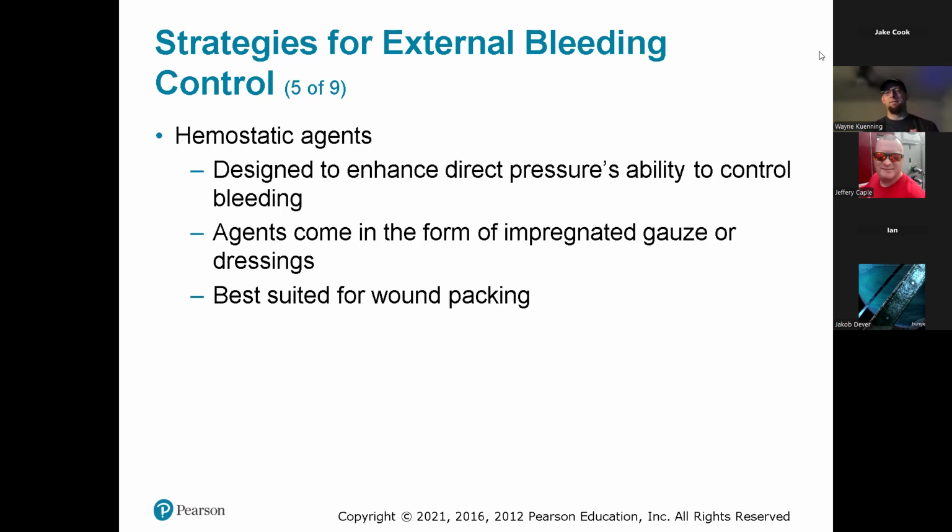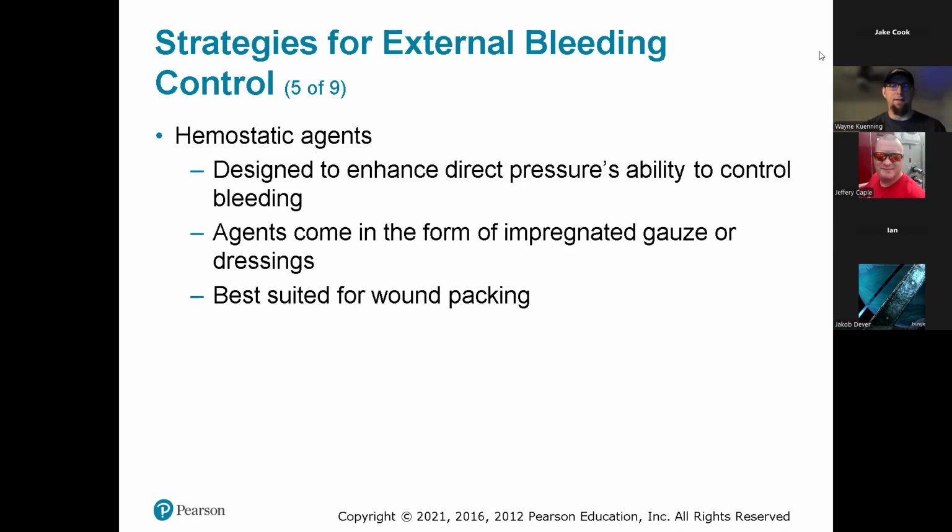Hemostatic agents, they're 50-50 whether or not people love them or hate them. The idea behind them is it interacts with the iron in the blood and it heats up and it actually burns the tissue, cauterizes the wound and stops the bleeding.